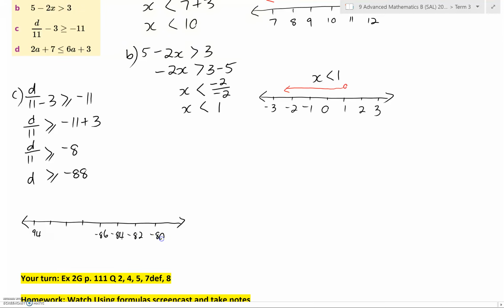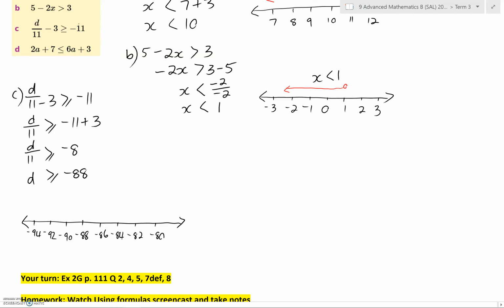Oh, I hate it when it does that. I need to go back and fill them in. 90, minus 88. Now, let me see if I can get my red pen up again. Doesn't like doing this when I'm screencasting.